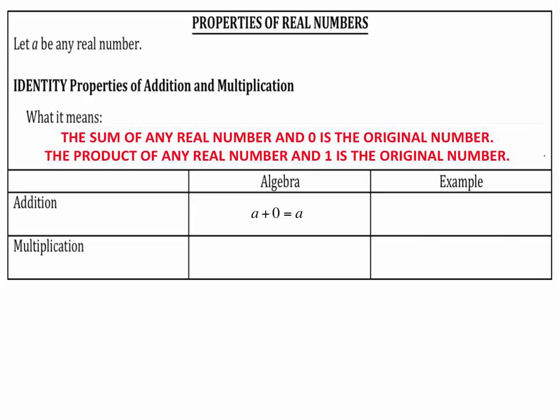So with some symbols, you'd see it as A plus 0 is just A. With some numbers, 4.2 plus 0 just gives me 4.2. So whatever I am, and I add 0, I'm still going to be whatever I am. The multiplication property, I do that with 1. So any number times 1 is just that same number. Like 67 times 1 is just 67. So those are pretty easy identity properties.